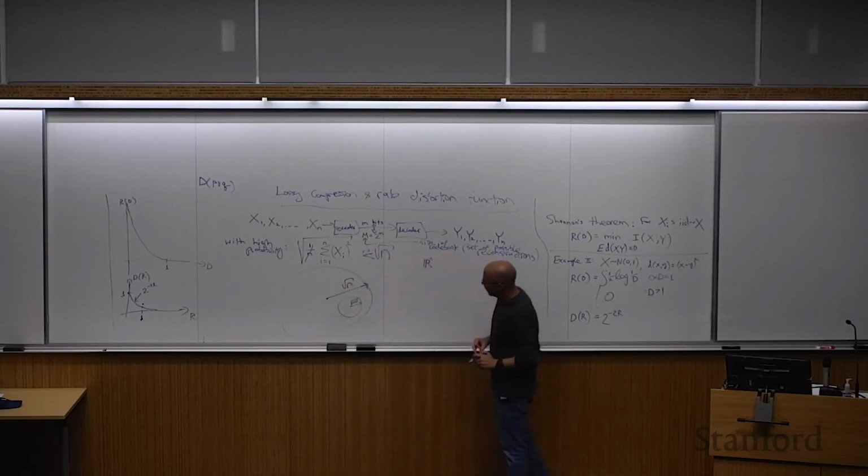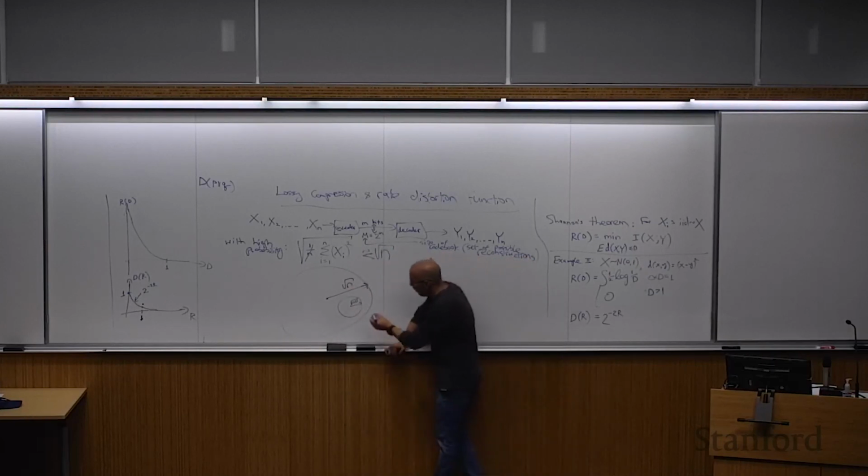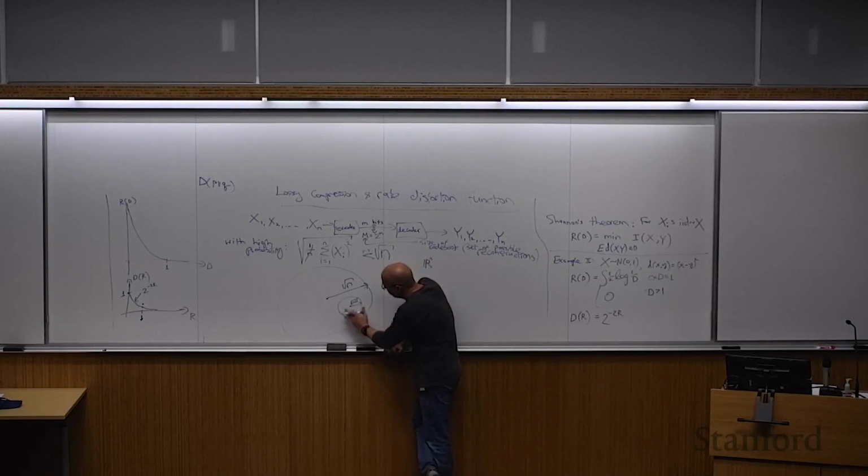So for a particular possible reconstruction, the set of sequences that are covered by this reconstruction to within distortion no more than D is this ball of radius square root of nD around the reconstruction point.